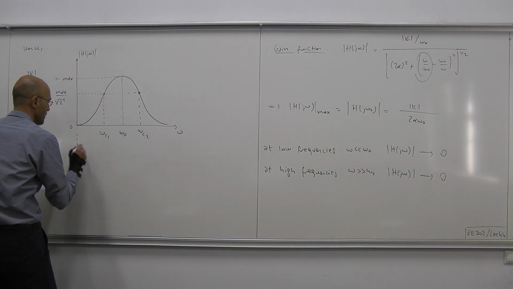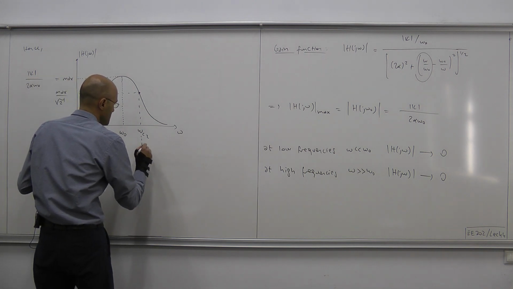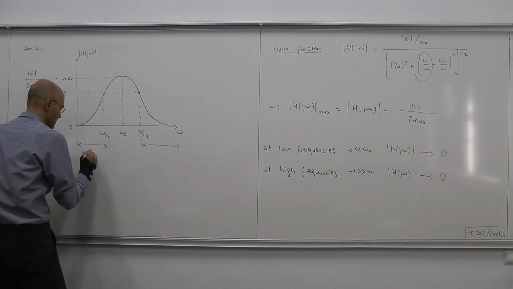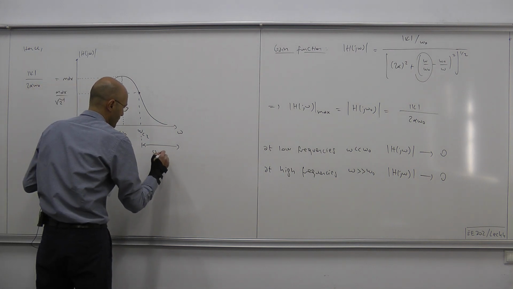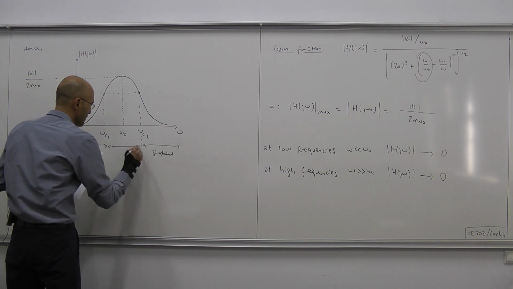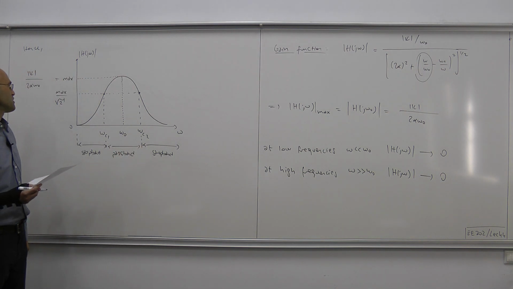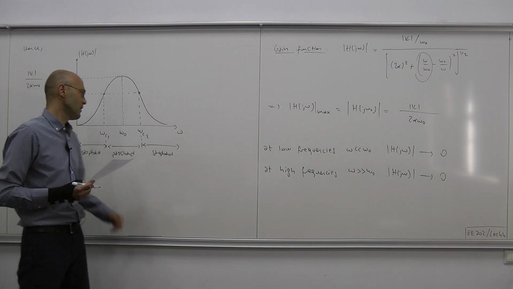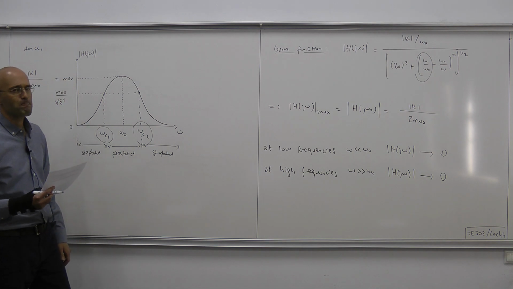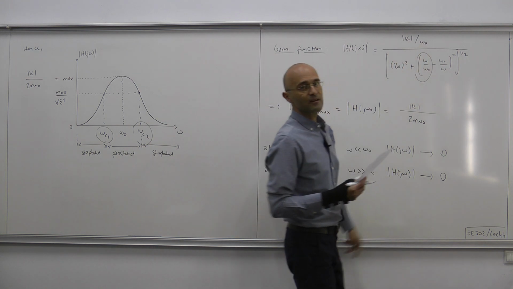So for our filter, this is part of our stop band, this is the other part of our stop band, and in between we have our passband. Now the next question we will answer is: what are the cutoff frequencies in terms of the filter parameters, namely k, omega 0 and alpha?